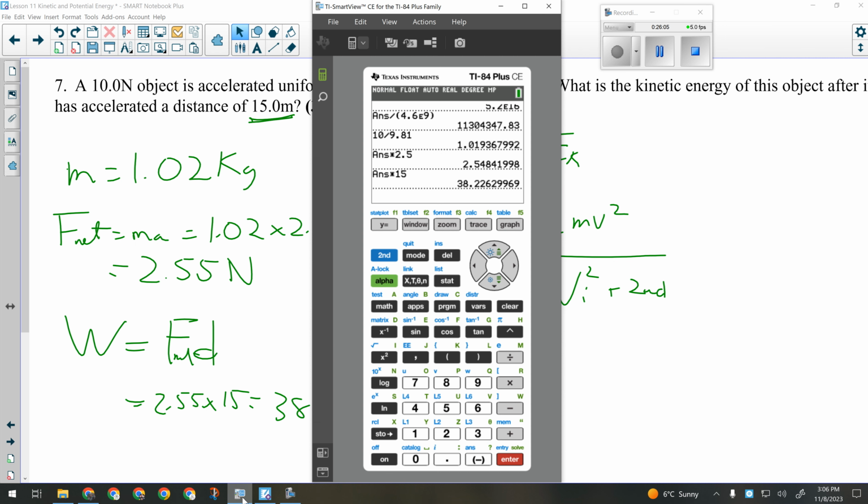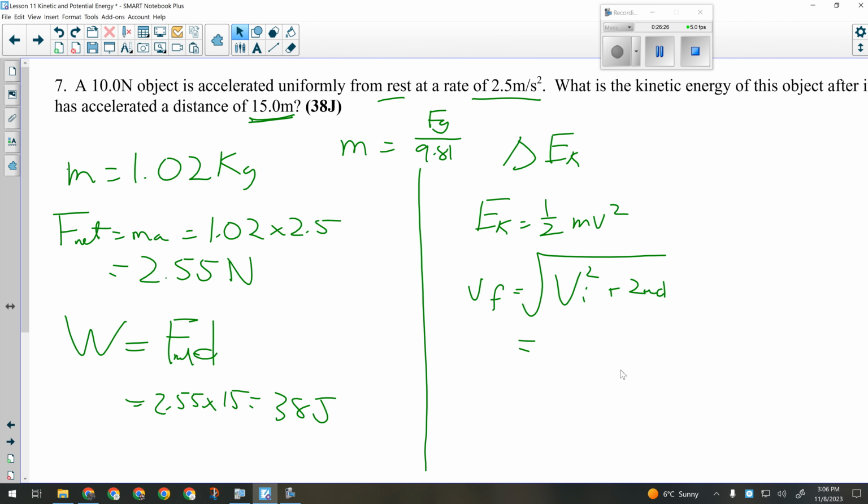So square root of 2 times my acceleration, 2.5, times 15 meters. Okay, so my final velocity is 8.66.